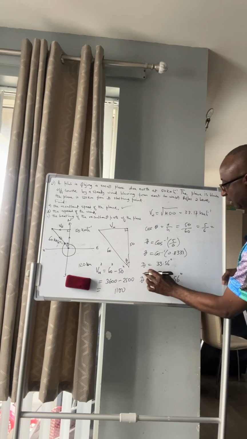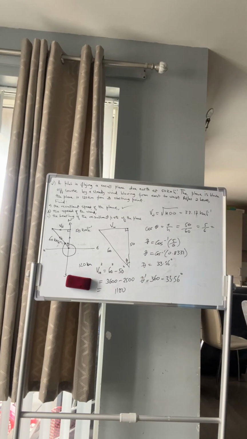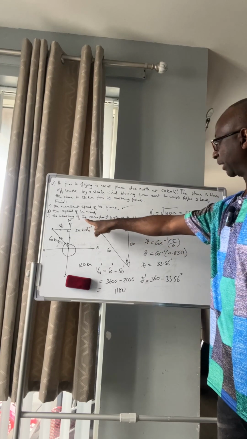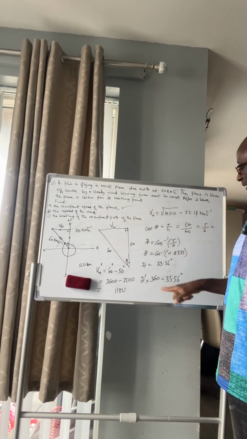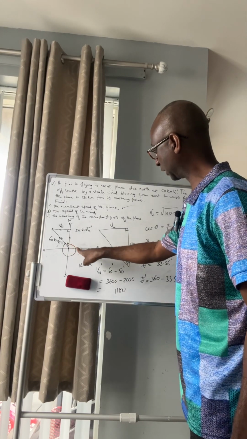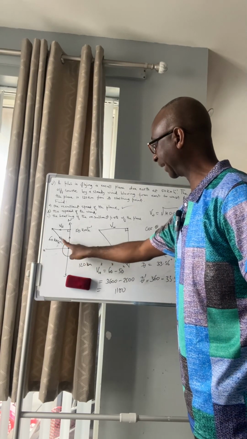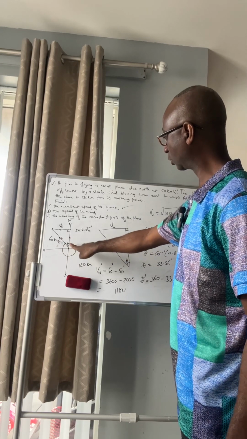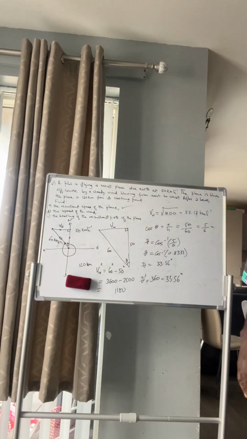Let me call it theta prime, not theta again. The bearing of the resultant they asked us to find is theta prime. This is theta, here inside. We need the angle from here to here. The entire angle is 360 degrees, so we subtract this from it.